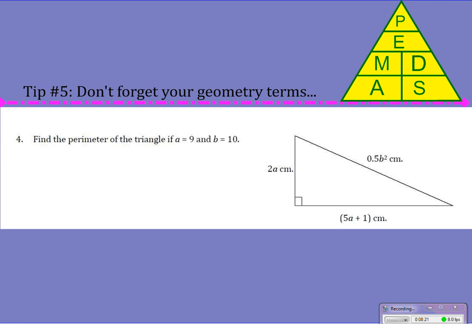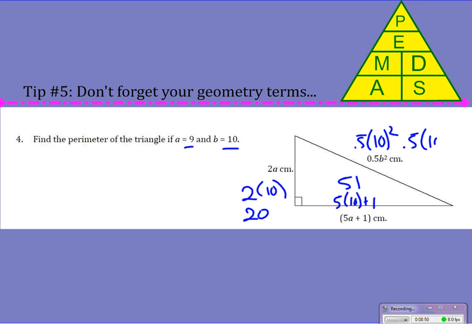So here, geometry. Perimeter. Perimeter means just how far are you going around. So A is 9, B is 10, so 2 times 10, 5 times 10 plus 1, and 0.5 times B squared is 10. So it's going to look something like that. So this is going to be 20. 5 times 10 plus 1 will be 51. 10 squared is going to be 100, so that'll be 0.5 times 100.